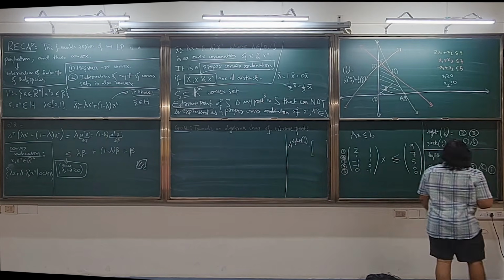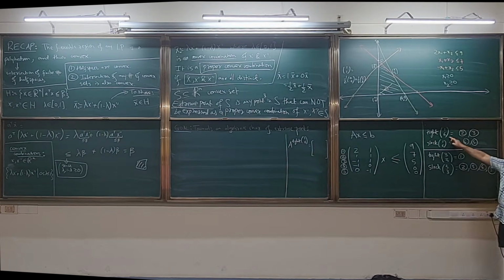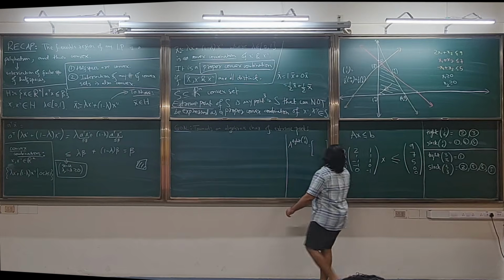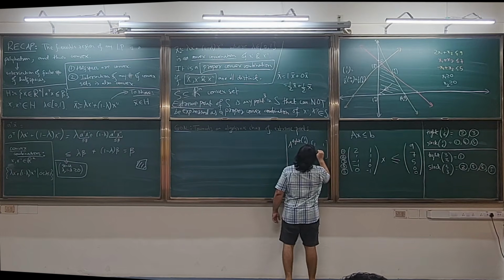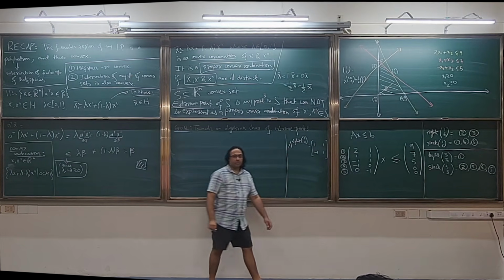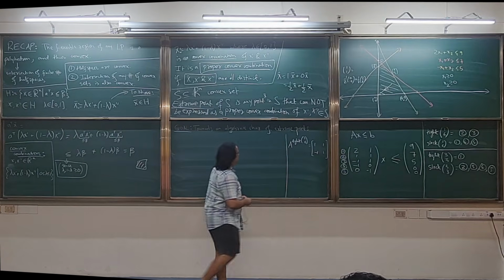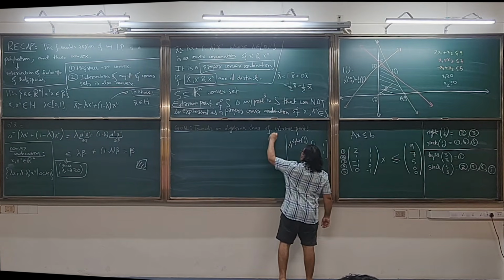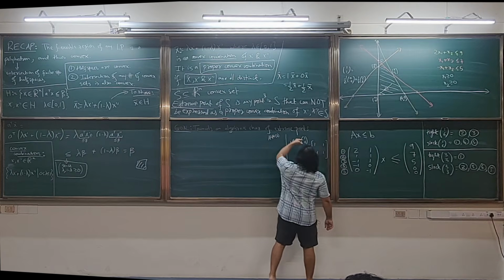What do you think it should be? Tight of 1, 6 is these two. So which matrix do you think I'm going to take? The rows 2 and 3. Is that right? So I'm going to take 1, 1; minus 1, 1. That's my A tight of x bar. Okay, so we are defining A tight of x bar through a few examples.